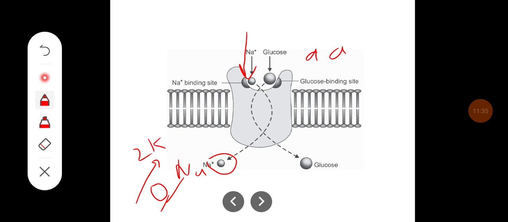So that creates the concentration gradient for the sodium. So that is why the sodium moves from the extracellular fluid to intracellular fluid. With that, the other substance is going to move. Which is called secondary active transport, because the concentration gradient for sodium is created because of the primary active transport here.